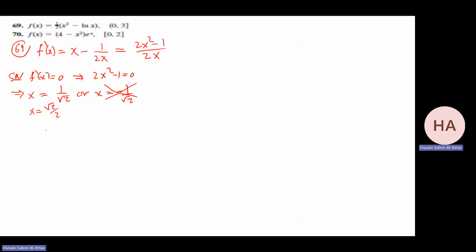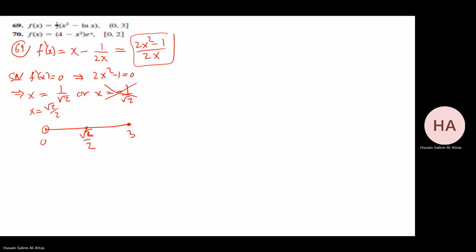So I have this is 0, and I have this is root 2 over 2, and this is 3. So I'll take a value between to check the sign.